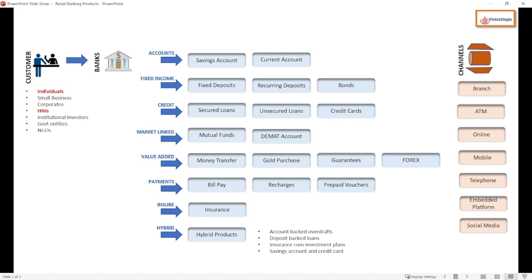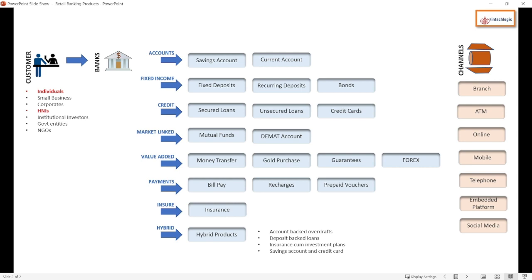But the last two, in this age of digitization, you would hear a lot about embedded channel. Let's say you are making a payment to a taxi driver through the Uber app without opening your bank or Paytm apps.